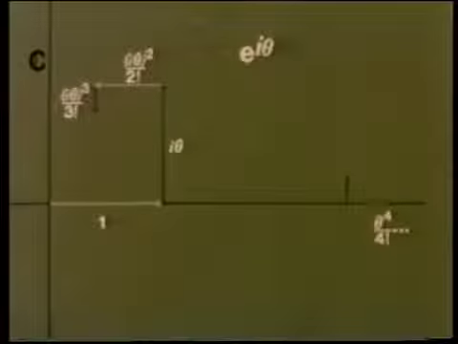The next term will also remain the same size, but has to account for i cubed. It's the power of i that fixes the direction of each term.